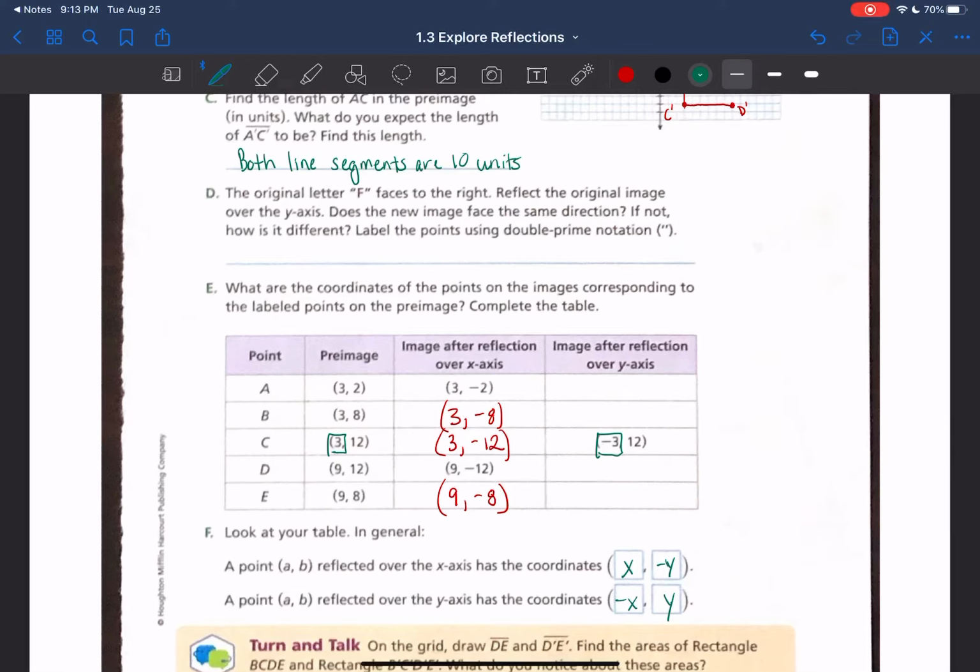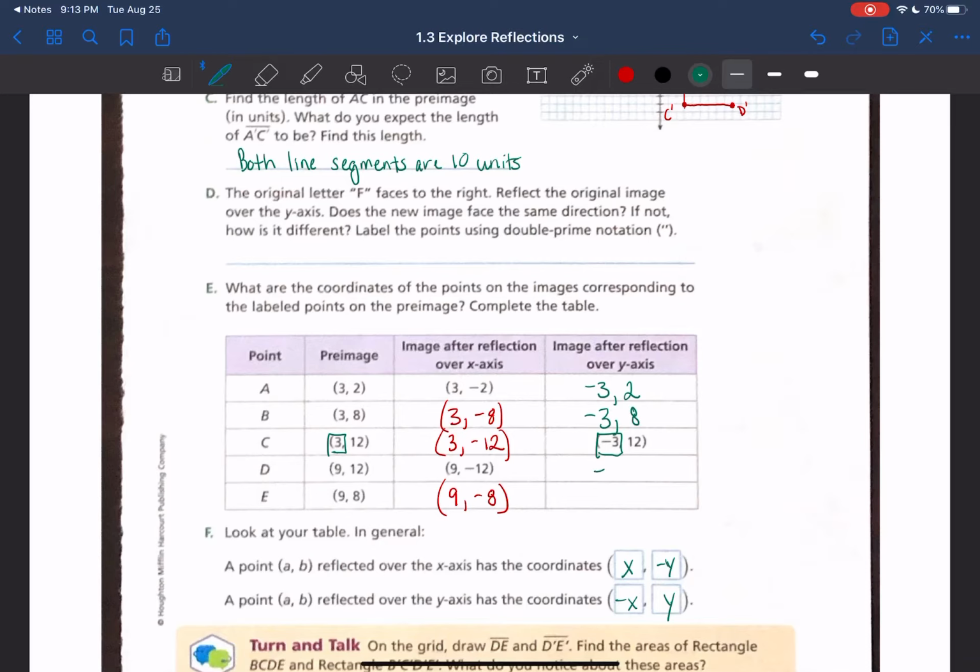So let's follow that pattern and write out our coordinates for the image after we reflect it over the y-axis. If we look for A, we need to take the opposite of the x and the y will remain the same.